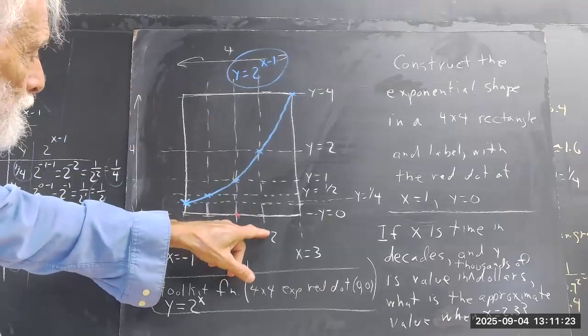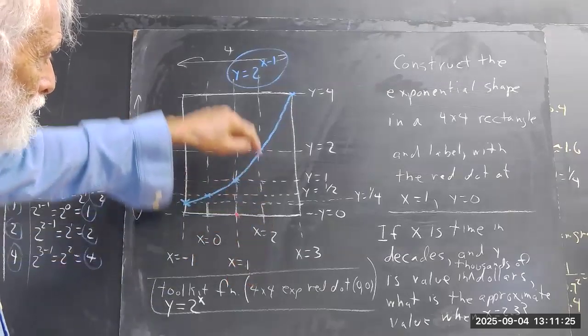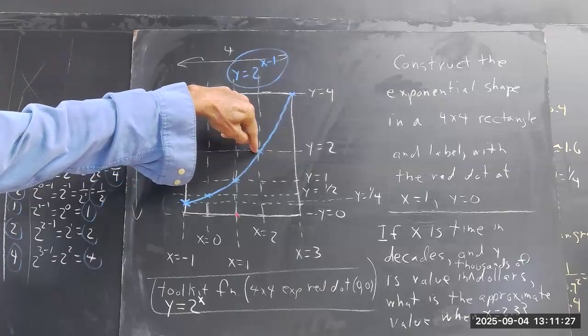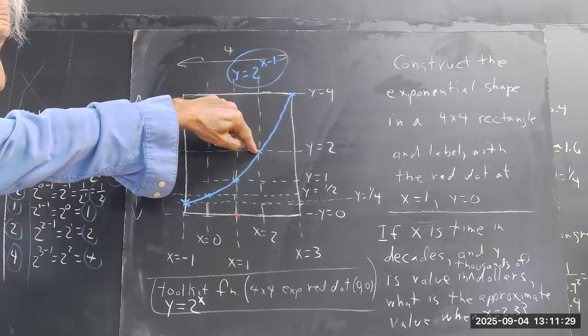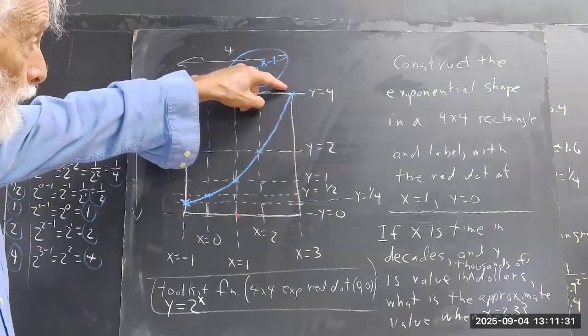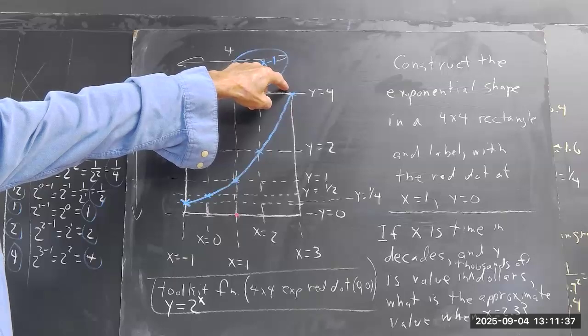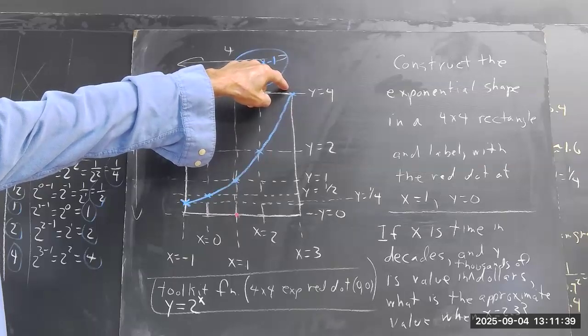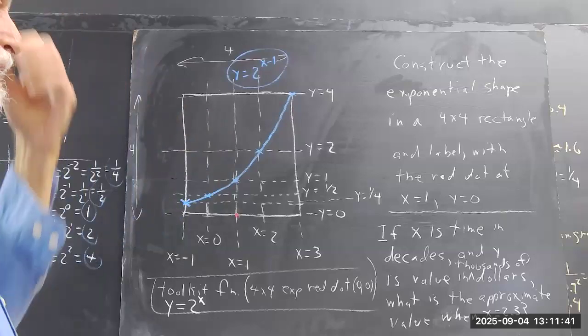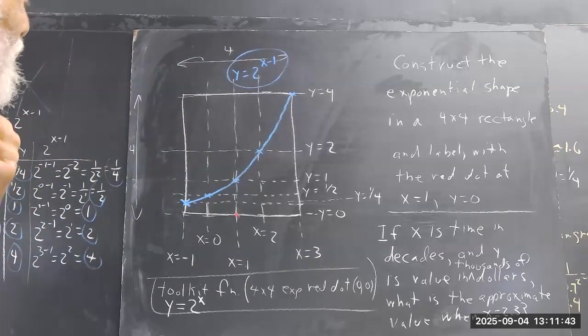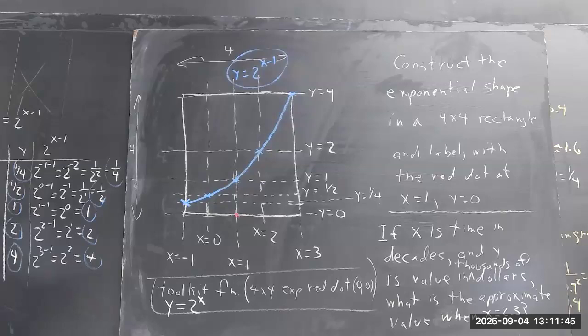So this tells me that after 2 decades, I'll have $2,000. And after 3 decades, I'll have $4,000. It's probably about enough to buy a loaf of bread in 2055. Hopefully things stay stable.